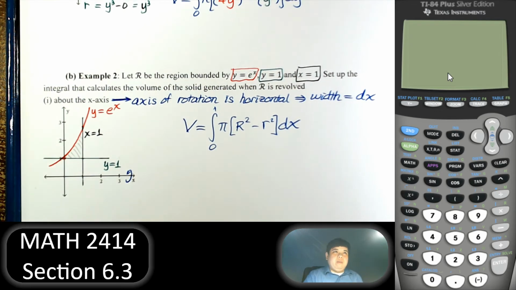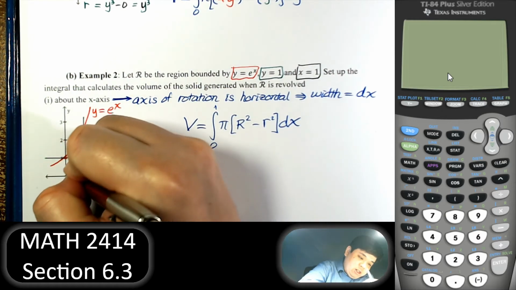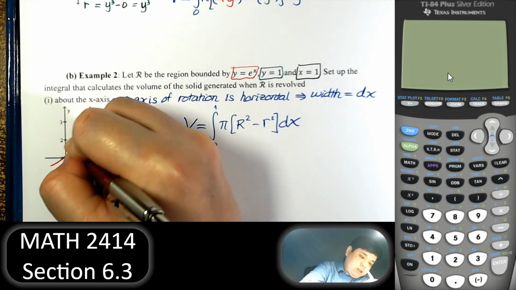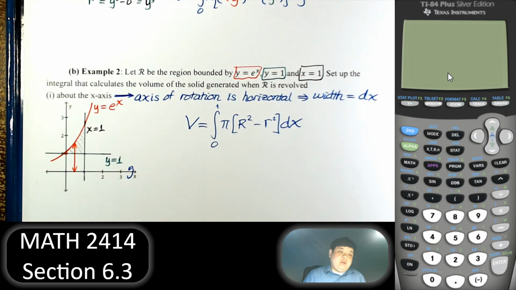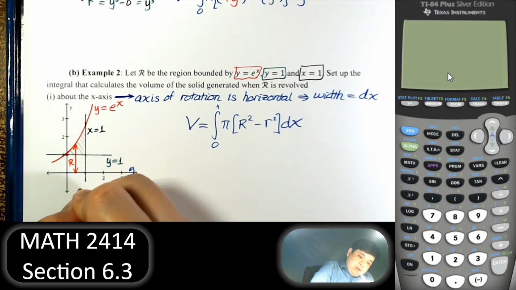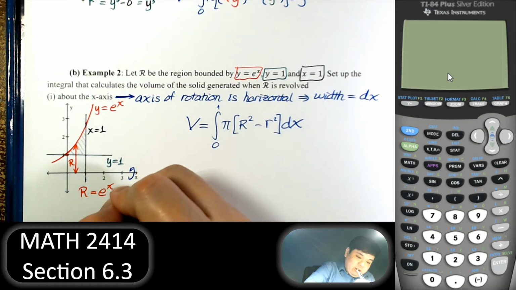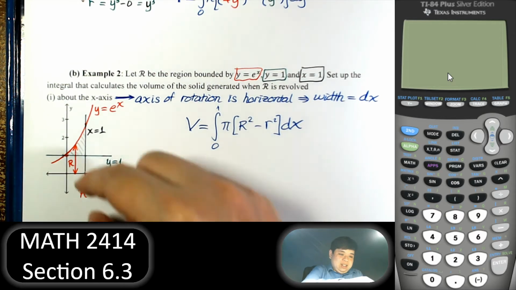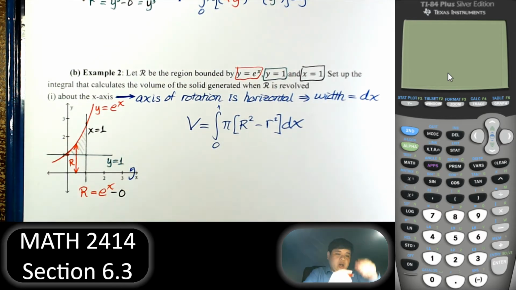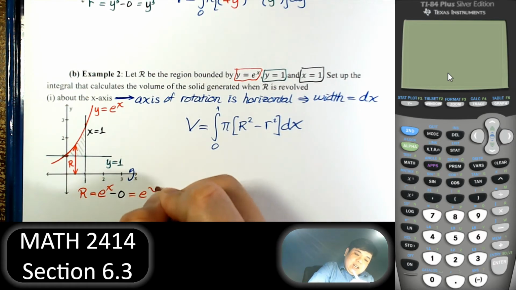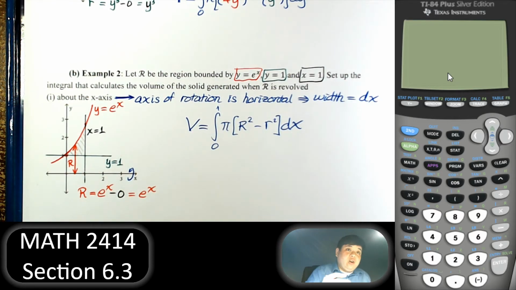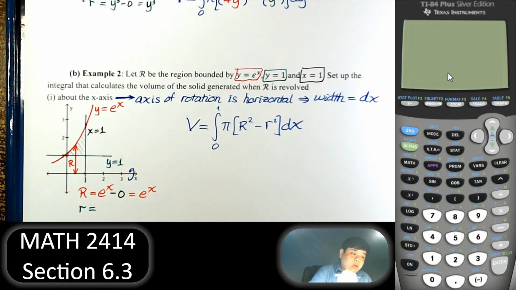Now the big radius, from the axis of rotation to the outer edge, is equal to the function subtract 0, which is upper minus lower. It might look silly now, but later on it will help you to set up the big R and little r if the axis of rotation is not the x-axis or the y-axis.